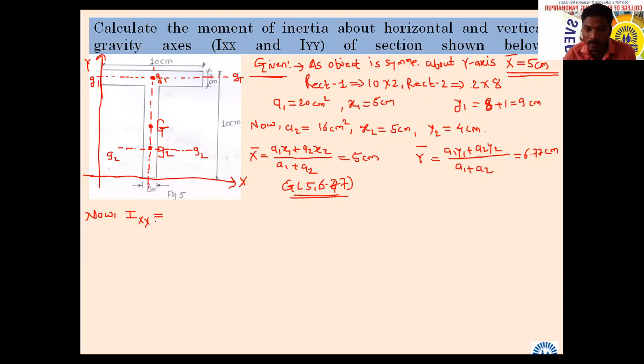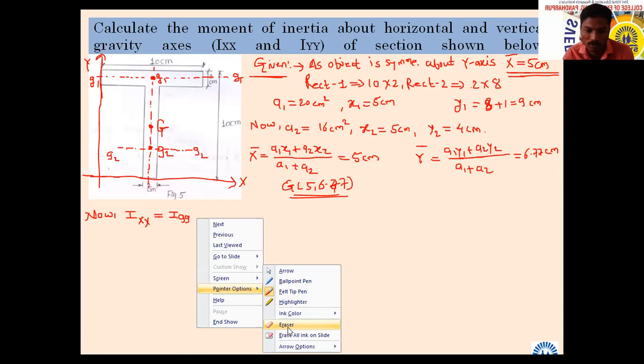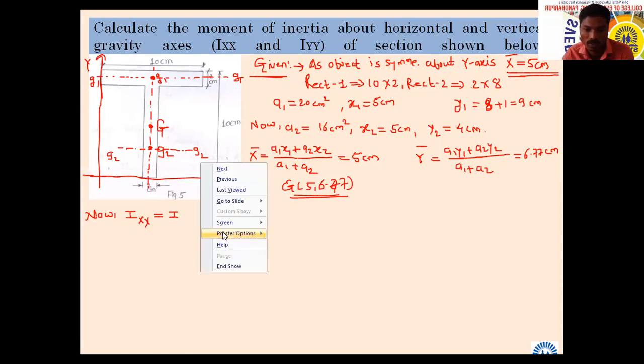Now I have to add the moment due to the first rectangle and the moment due to the other rectangle. Is it correct? So how to apply it? Moment about the centroid axis first, so here I have to add the moment due to G2, about its centroid axis for the first rectangle. Can you give attention here.